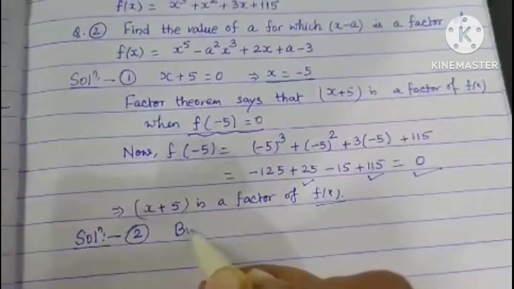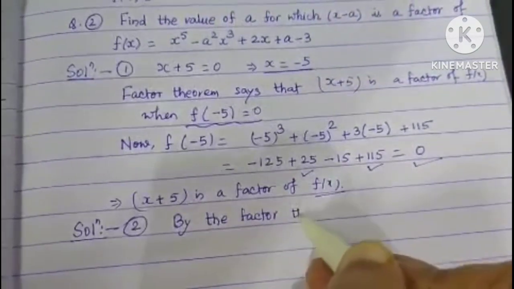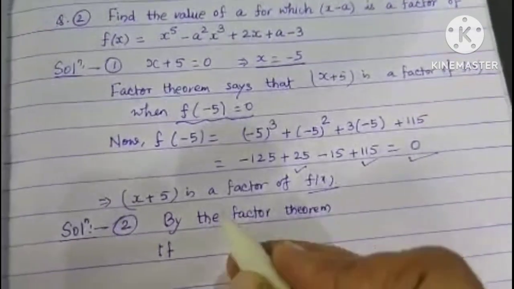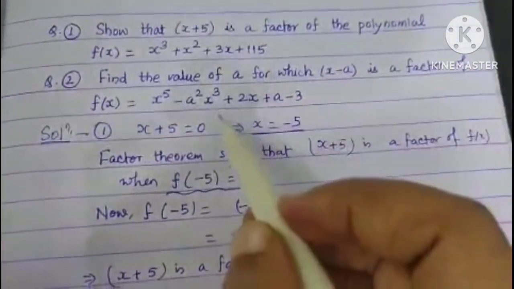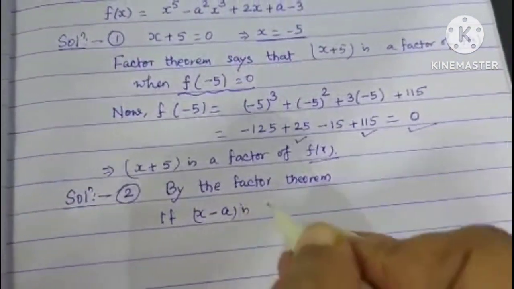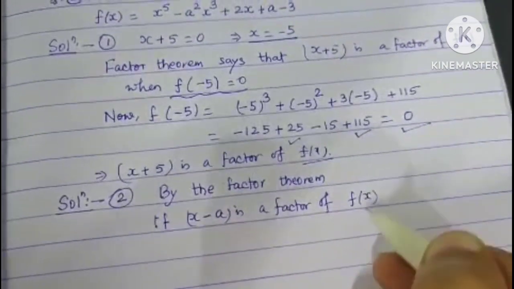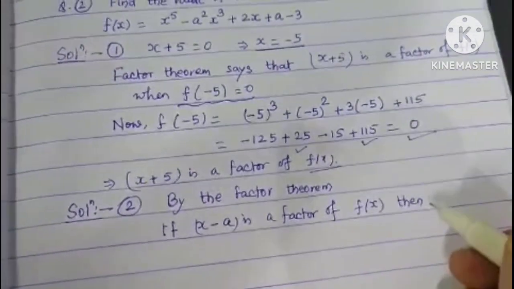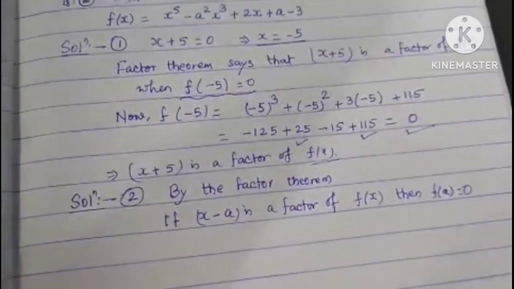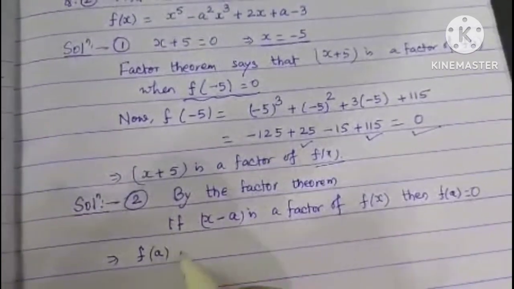We can write by the factor theorem, if x minus a, which we have been given here, is a factor of f of x, then f of a equal to 0.